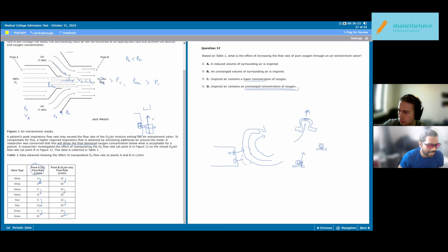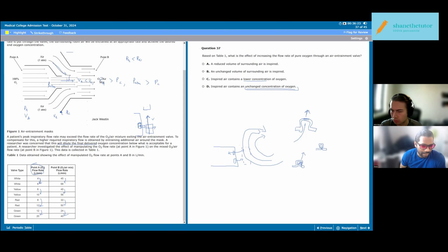And so to compensate for this, they added the air around the mask, which increases that volumetric flow because you're adding volume by adding air. So that's what that was made to compensate for.